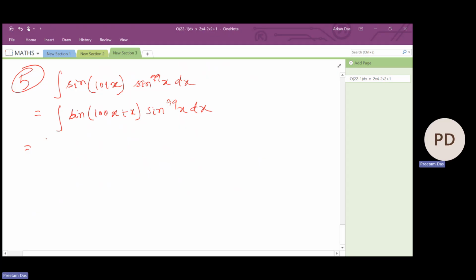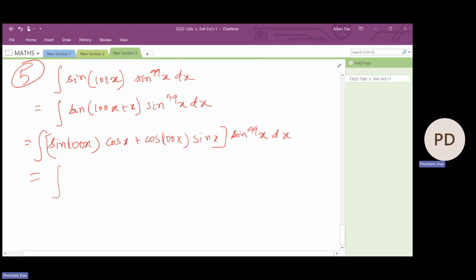Now here inside you can use the sine x plus y formula. What will this become if you use that formula? Sine 100x cos x plus cos 100x sin x, sine raised to 99x dx.